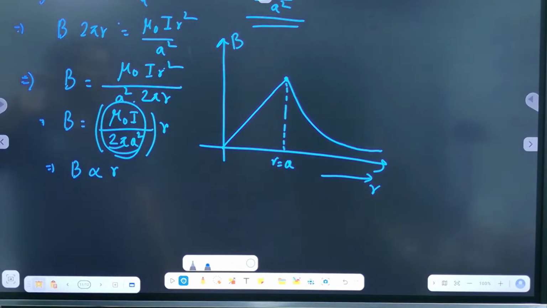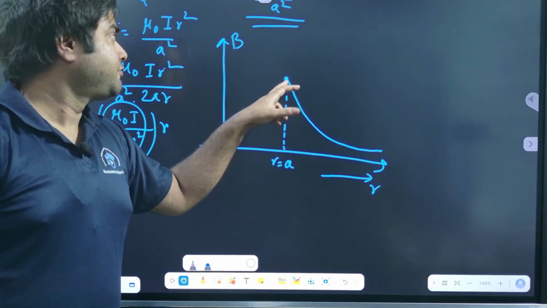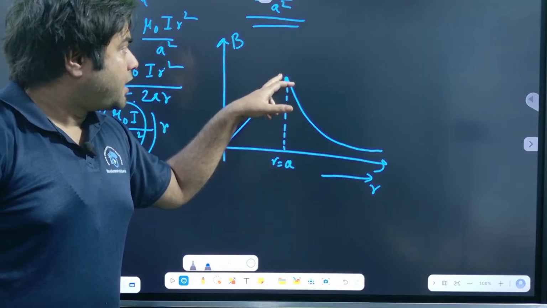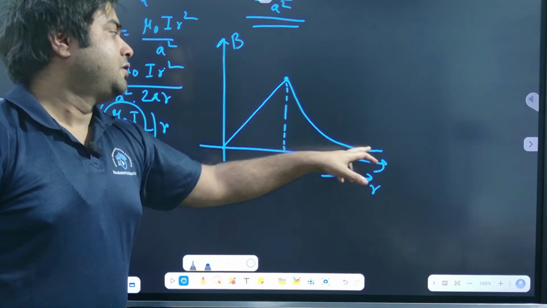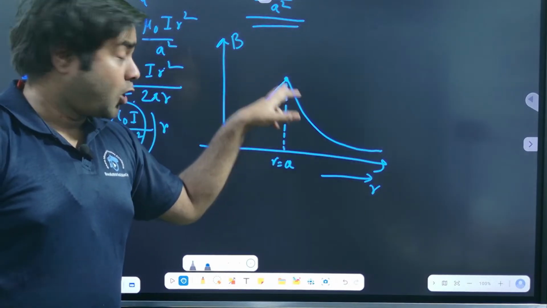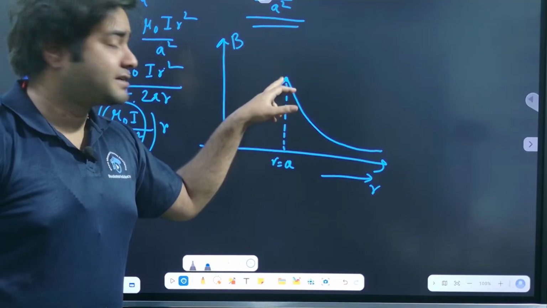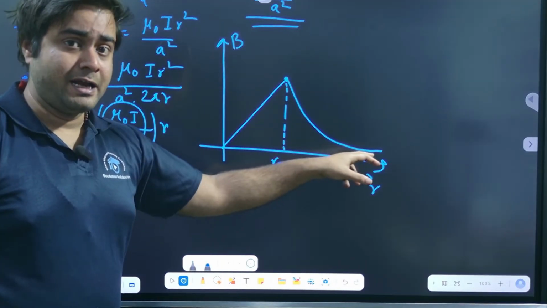At the surface there will be the maximum magnetic field that you will get, and as you move away from the surface the magnetic field will decline, not linearly but non-linearly. You can say that there will be an exponential decline.